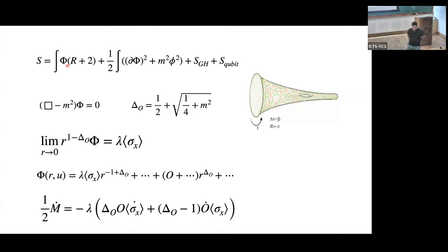Yeah. Sorry, thanks. But sorry, I didn't understand this boundary condition. So you're saying this is the coupling between the qubit and the bulk qubit? This is just a postulated coupling. So what is the motivation for this form of the coupling? It will become clearer later.